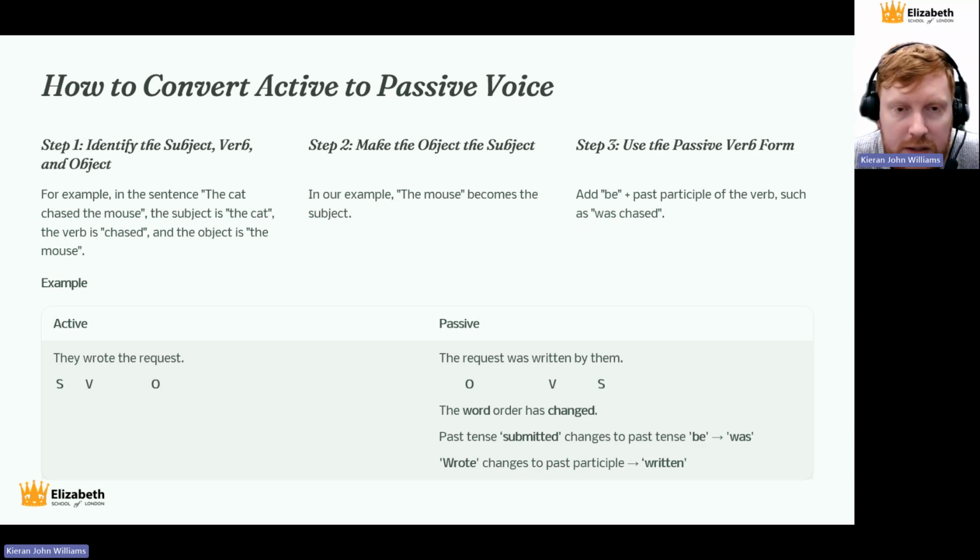That means we need to change the verb to be into the past simple, which is was, and then wrote into the past participle form. The third form is write, wrote, written. So you need to change wrote to was written. So the request was written by them. Okay, so we've changed the word order and we've changed the verb form.